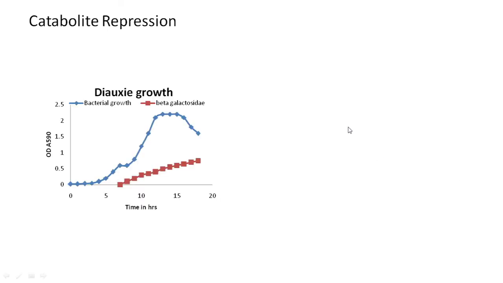So now let us think about why the CAP-cAMP complex is so necessary. What is catabolite repression? What happens when the CAP-cAMP complex is not formed? Under what condition is it not formed? If glucose is present in the medium, then the level of cAMP is so low that it cannot associate with CAP.